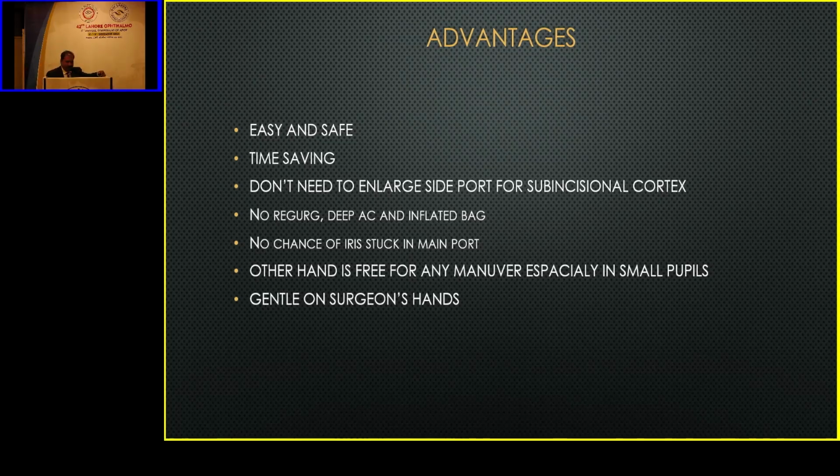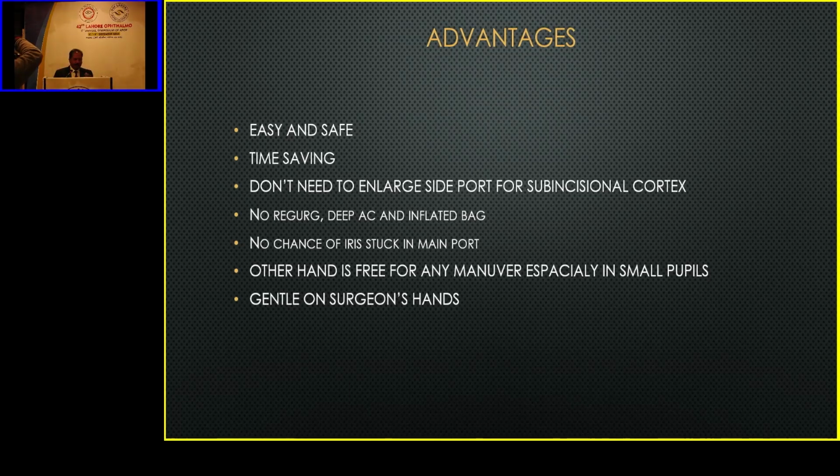And the important thing is that we don't have to enlarge the side port for the subincisional cortex. There is no regurgitation, and a deep AC is formed always, and the bag remains inflated throughout. As it completely seals the main port, there is no regurgitation of fluid. On the other hand, the second hand is free.